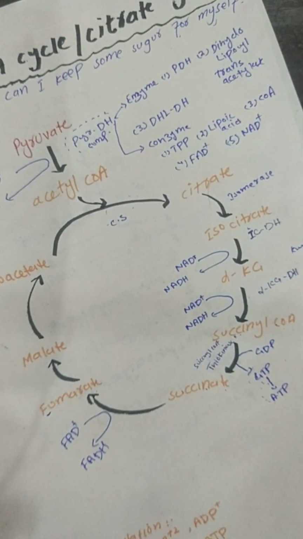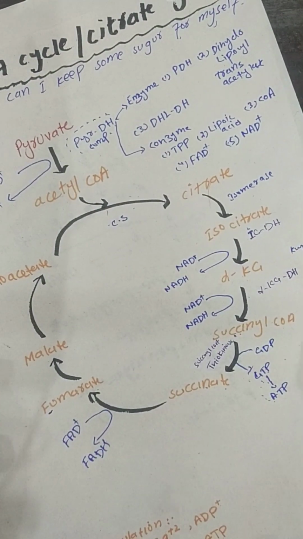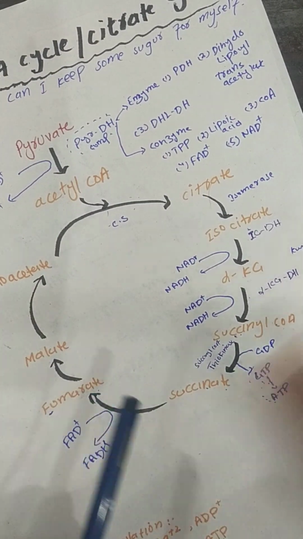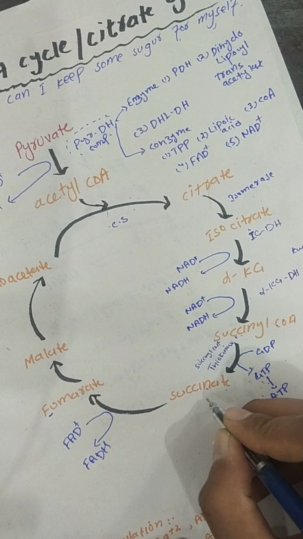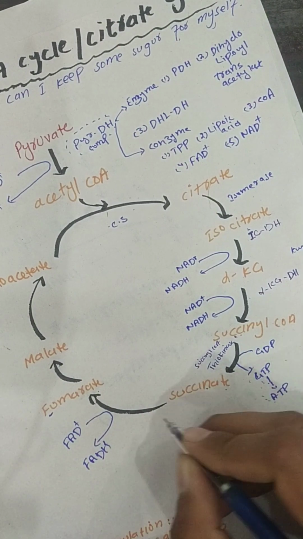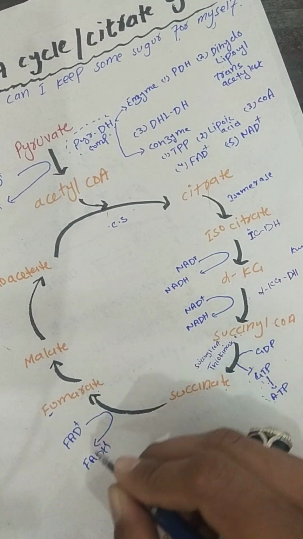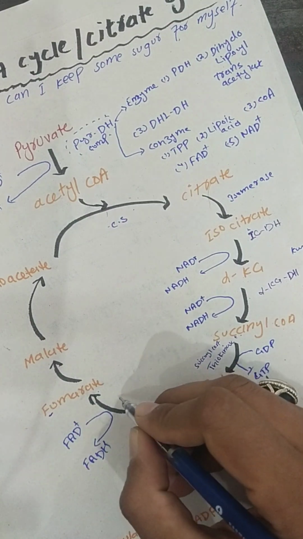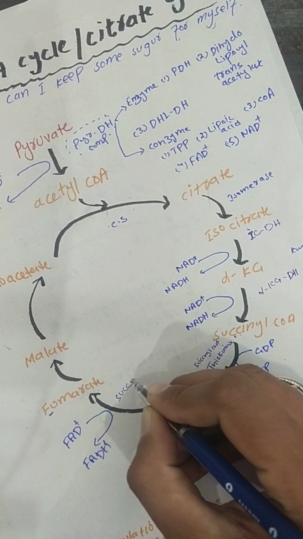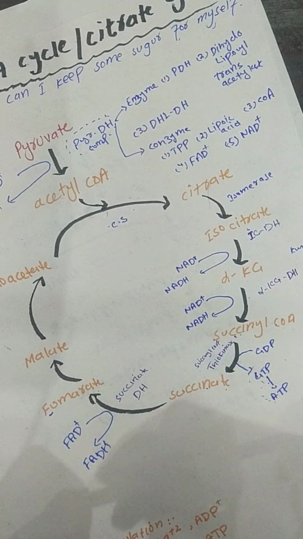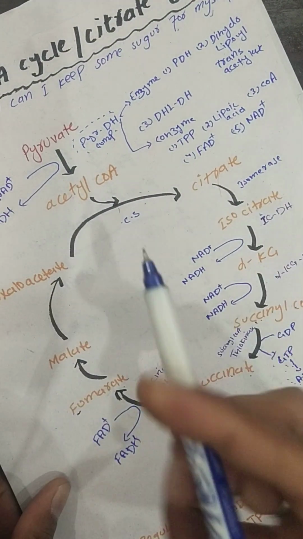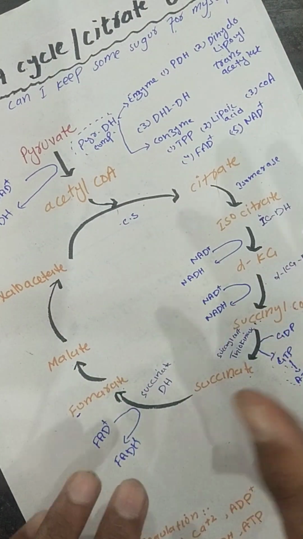Whenever there is production of NADH or FADH, there should be a dehydrogenase enzyme. Which dehydrogenase? Succinate dehydrogenase, because there is dehydrogenation of succinate which produces fumarate, and FADH is formed.